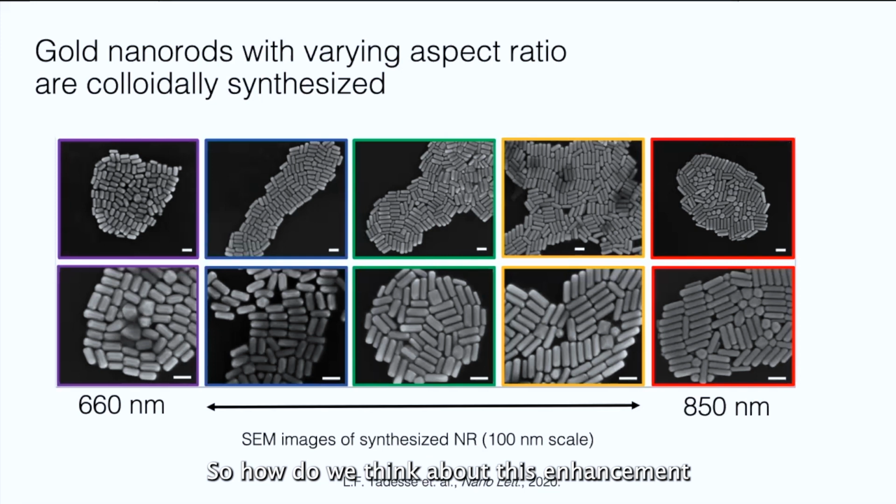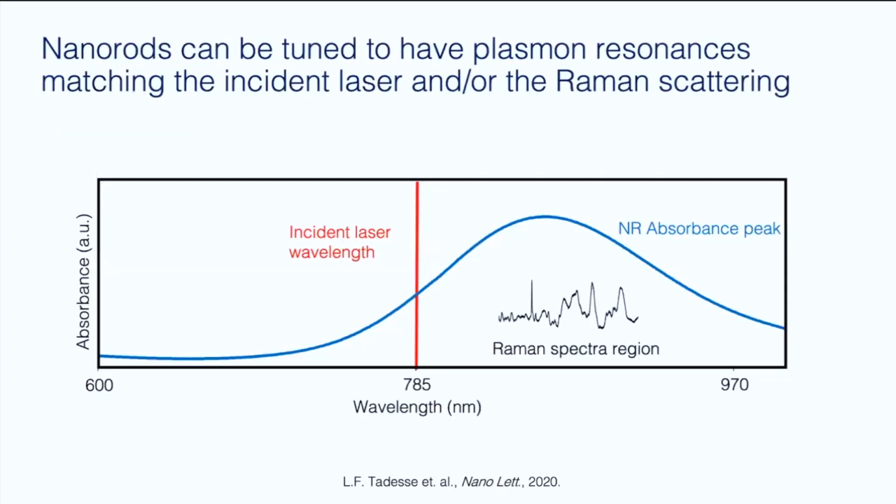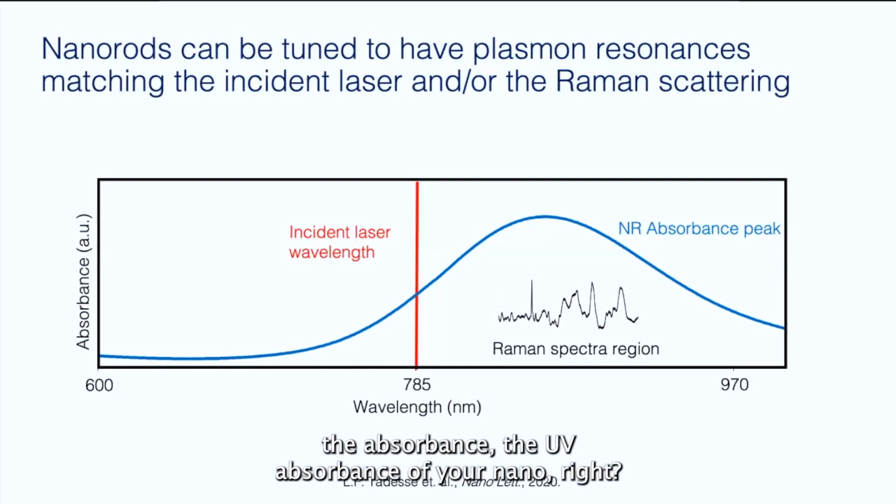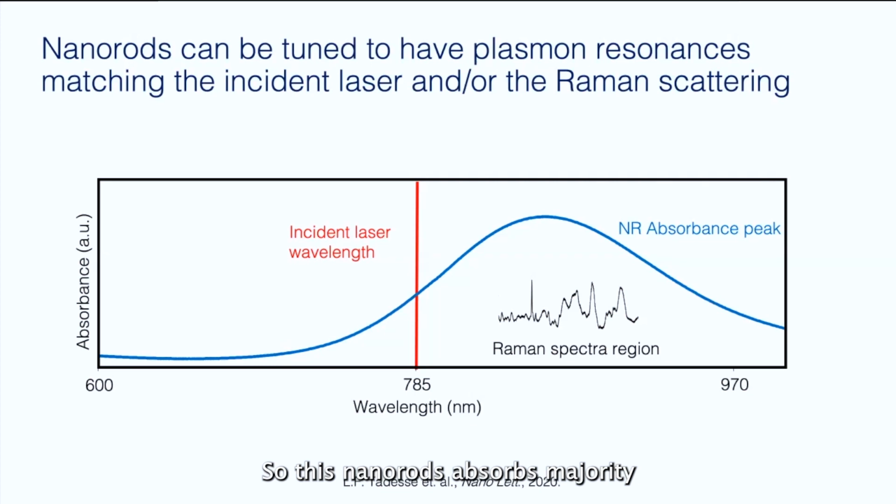So how do we think about this enhancement in terms of Raman spectroscopy and the light that comes in? Here you see in blue the UV absorbance of your nanorod. So this nanorod absorbs the majority from 750-ish up to 970.